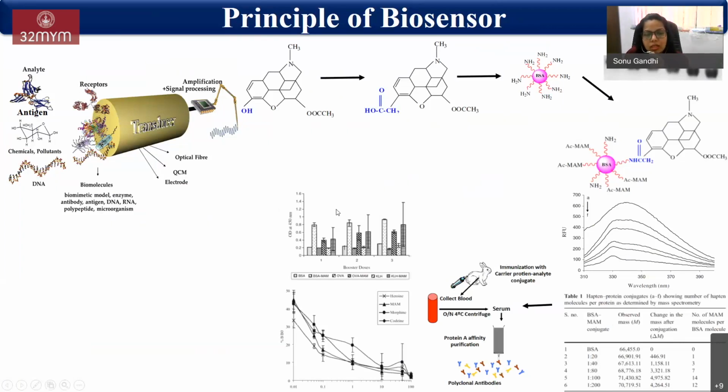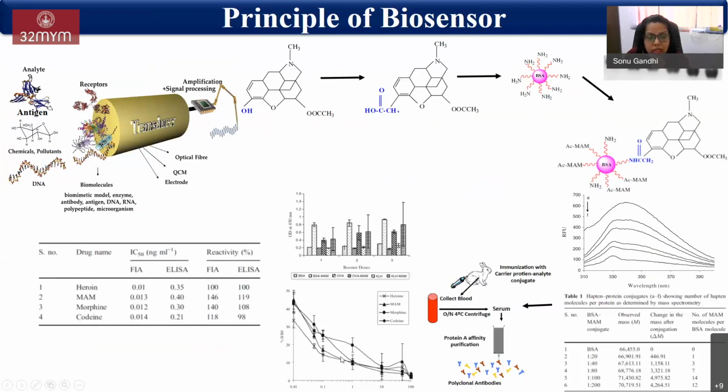So we evaluate the binding of these antibodies with the specific as well as the non-specific reagents, and calculate the inhibitory concentration or the limit of detection for certain molecules. Rather than doing the ELISA, which involves HRP, which is enzyme based, we conjugate these antibodies with fluorescent molecules, which can enhance the sensitivity of the assays by tenfold.